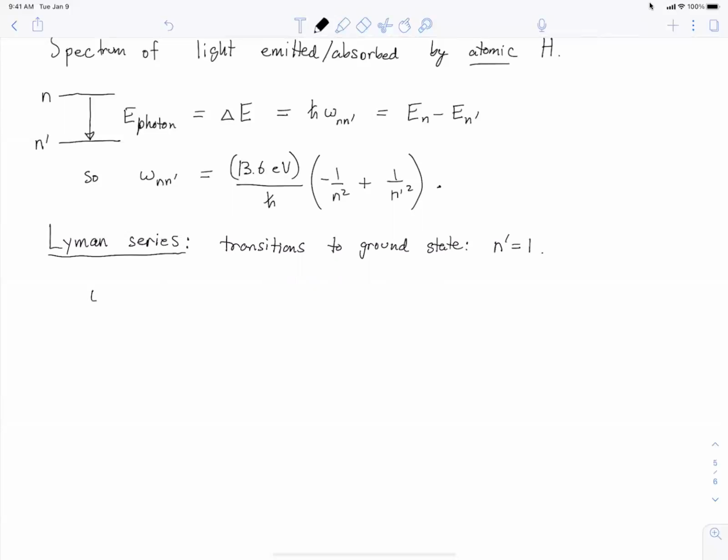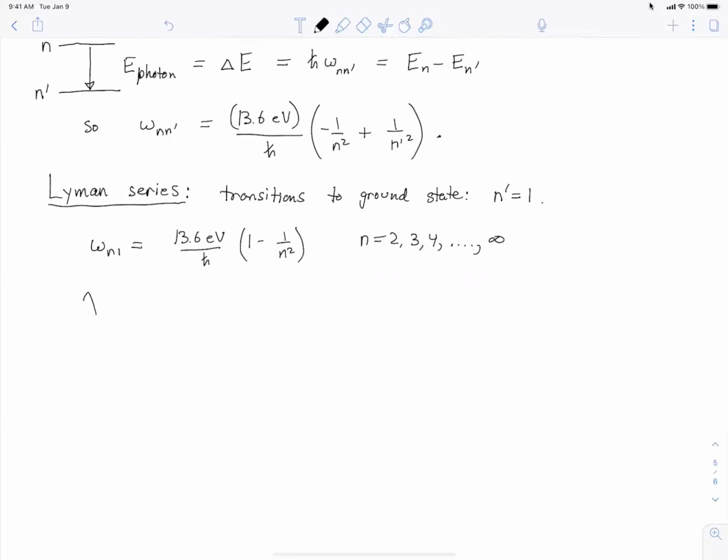And so the angular frequencies for that are 13.6 electron volts over h bar times 1 minus 1 over n squared. And you can do that from any of the states n equals 2 or 3 or 4 up to super excited states with basically infinite n.